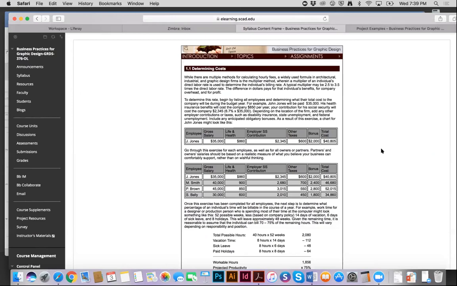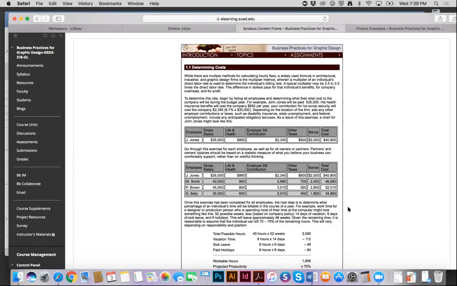Morgan, do you have any questions about how this determining cost model is working? Actually, this is the first time I've looked at this course unit, and the first time I've really seen it broken down this way.